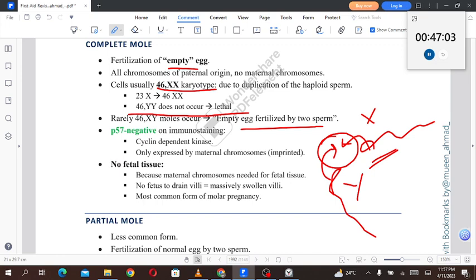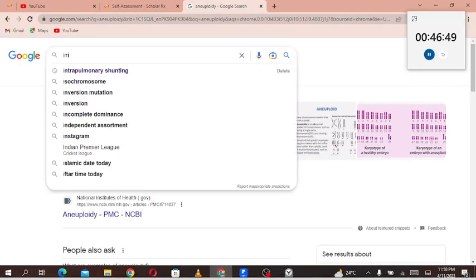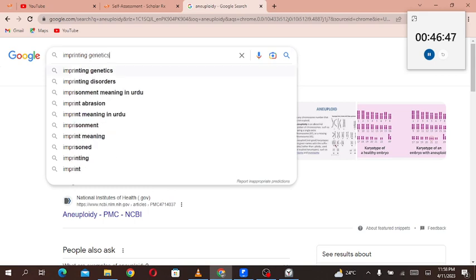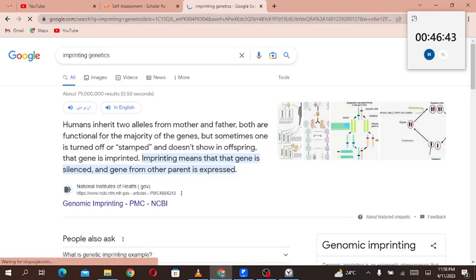P57 is negative on immunostaining. P57 is a cyclin-dependent kinase expressed only from the maternal chromosome, due to imprinting. Let me see what imprinting is. Imprinting means humans inherit two alleles, from the mother and father.